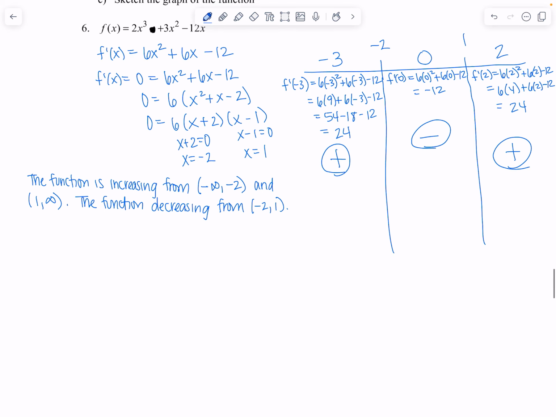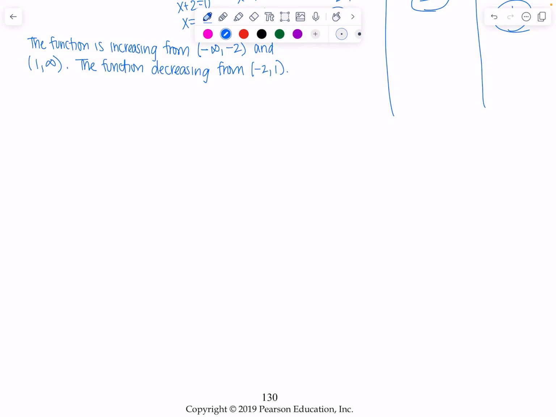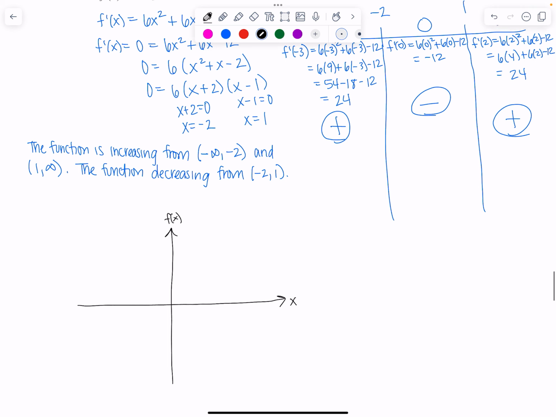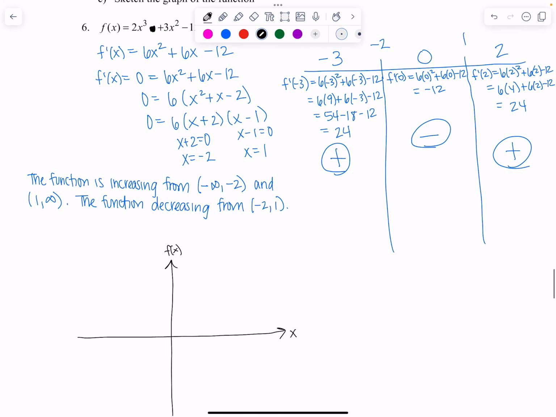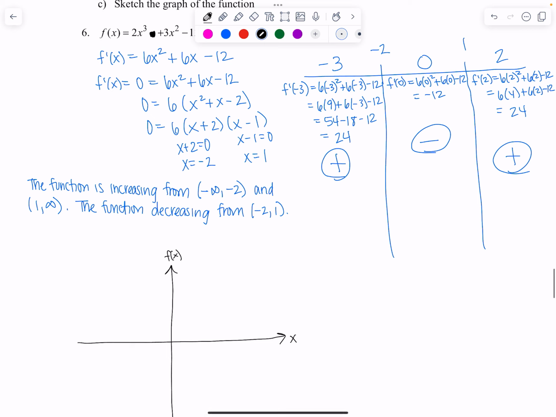And we want to sketch it, so let's see. Here's -2 and here's 1.